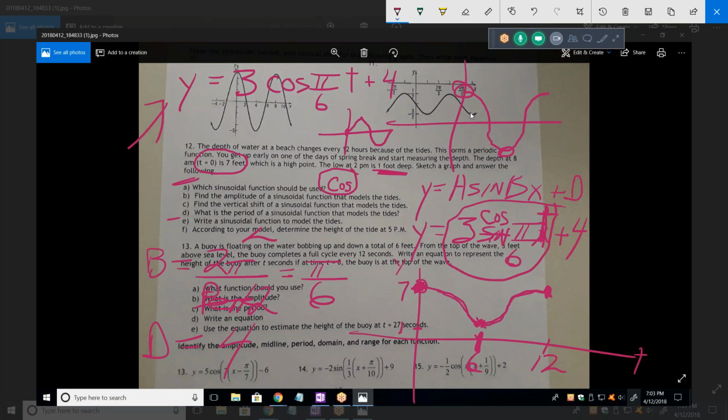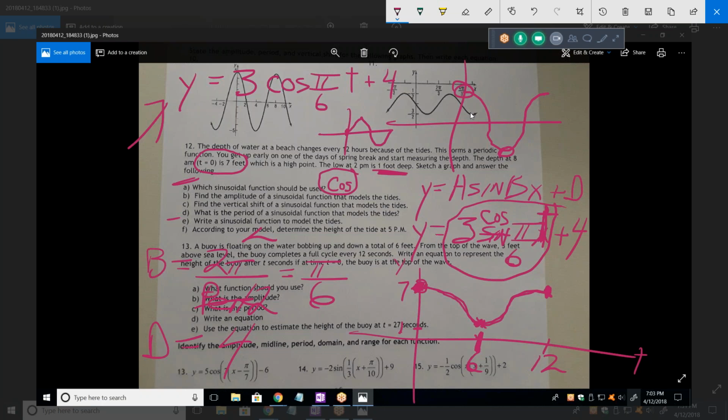According to your model, determine the height at 5 p.m. So tell me what T is at 5 p.m. T is 0 at 8 a.m. And T is the number of hours.